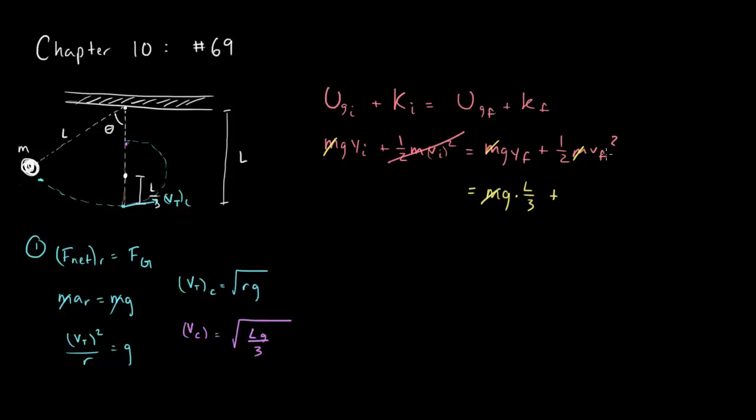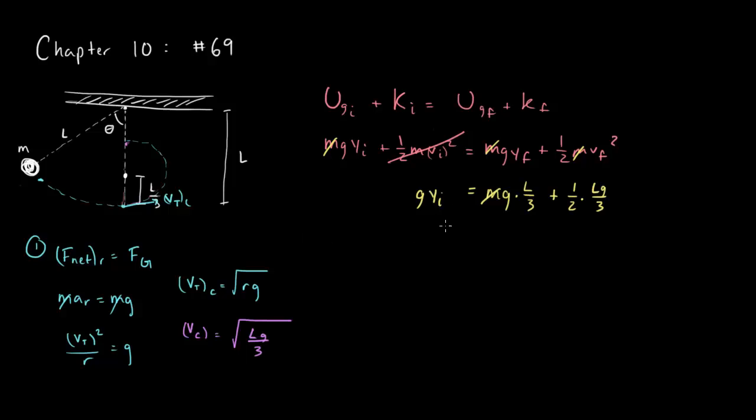So my 1/2 v final squared, and right here my v final is going to be my v critical, so it's going to be just Lg over 3 because the squares cancel out, so it's going to be 1/2 times Lg over 3, and that should equal my g y initial. Now remember, we're trying to find y initial, so it makes sense that we don't have it just straight away.